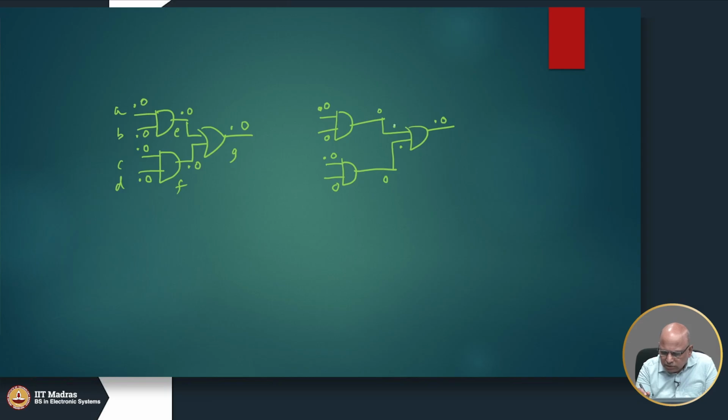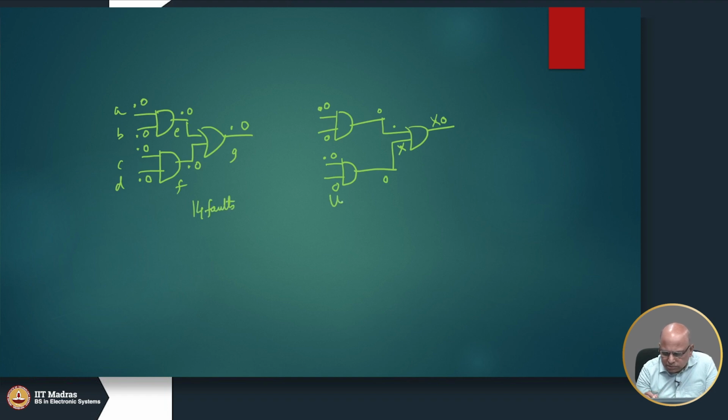So, one of them can be removed. We can remove this one and this one. Okay, so originally we had 1, 2, 3, 4, 5, 6, 7, 14 faults.